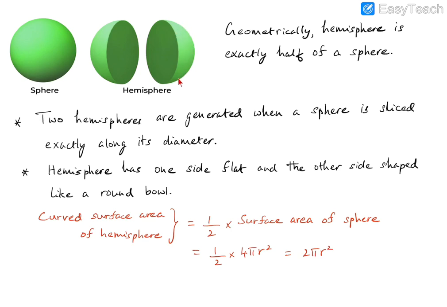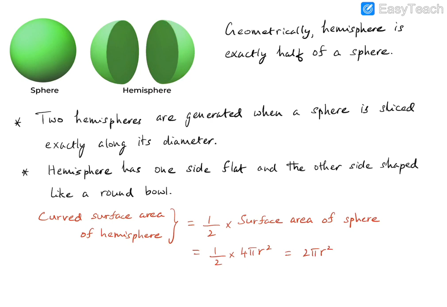The first is the curved surface area, which is the area of the curved or rounded ball-shaped part, and then we have the area of the flat part, which is a circular shape. So we can calculate only the curved surface area or the total surface area. The total surface area will be the curved surface area plus the area of the flat part, which is a circular shape.